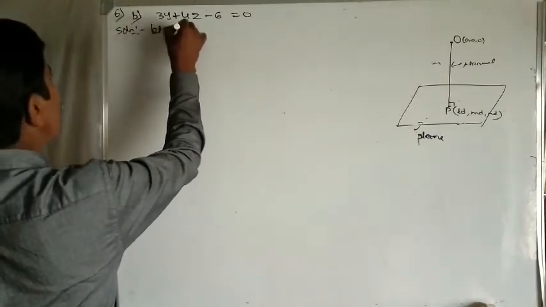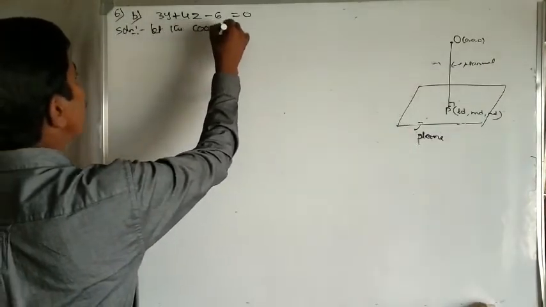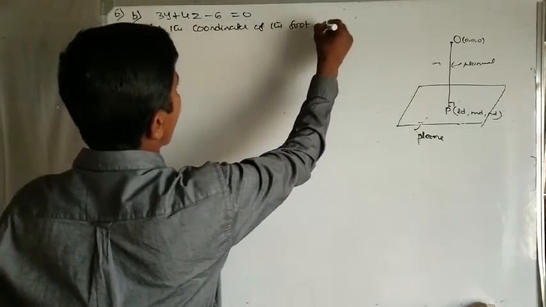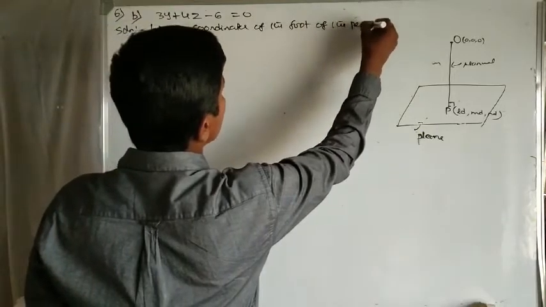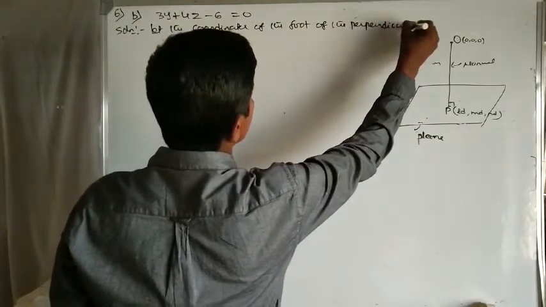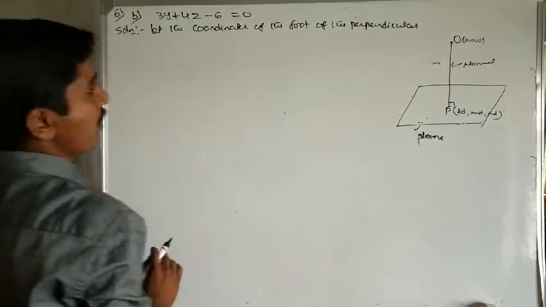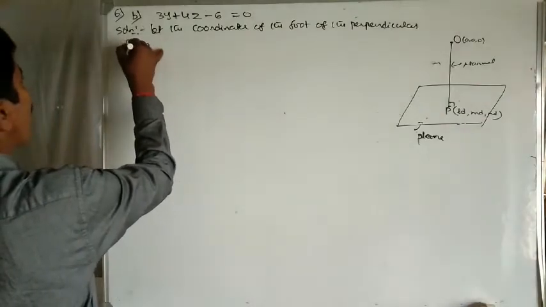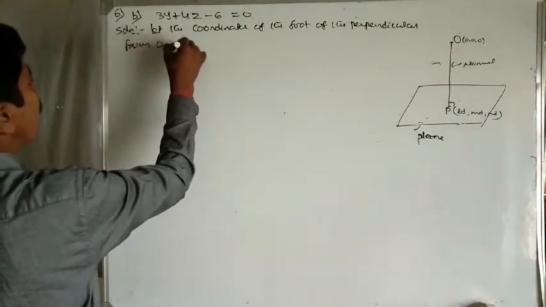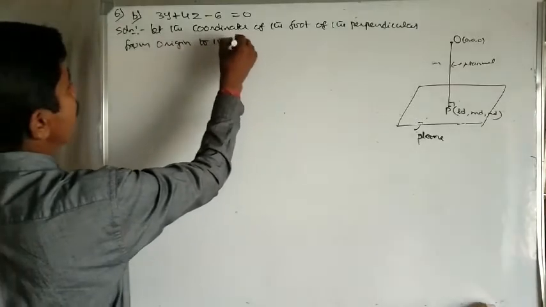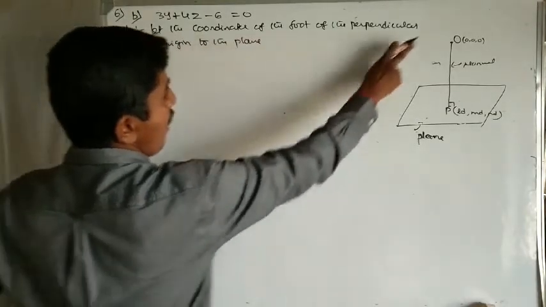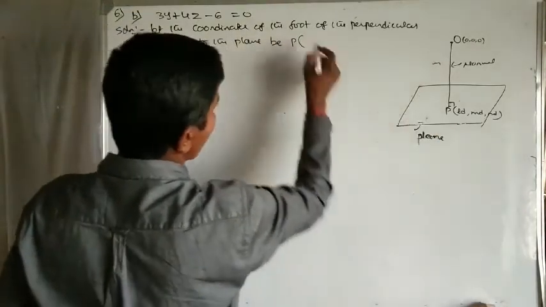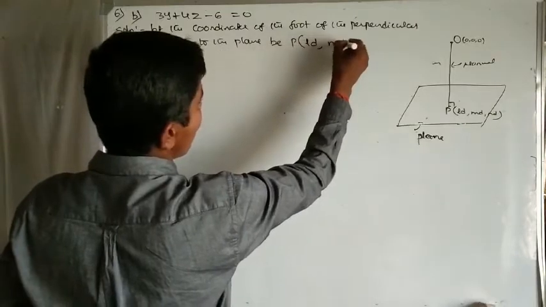Let the coordinates of the foot of the perpendicular from origin to the plane P, I am taking as LD comma MD comma ND.